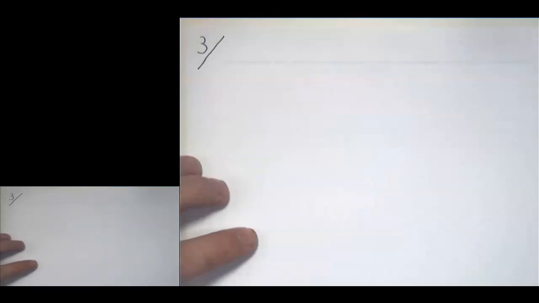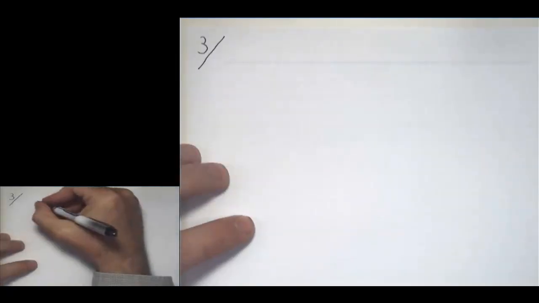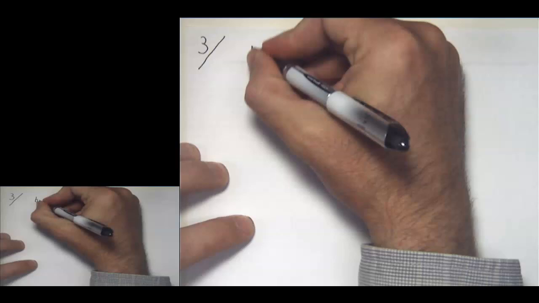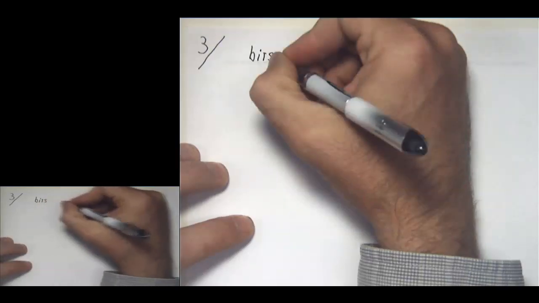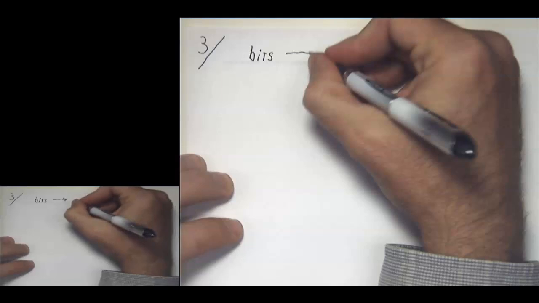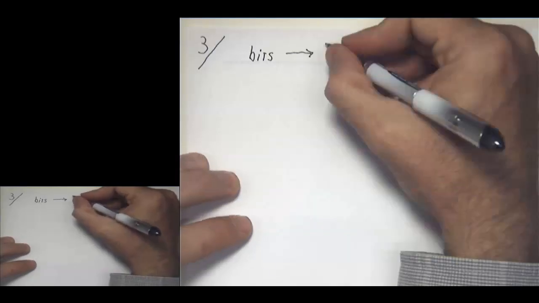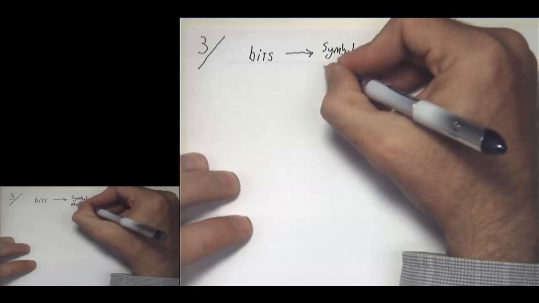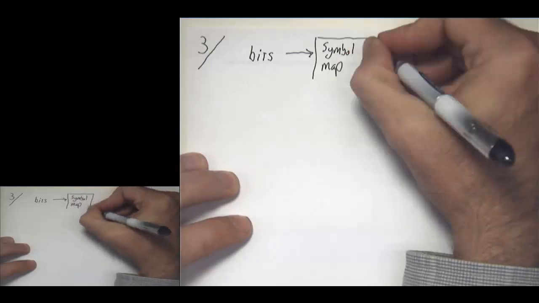So the way that we can write this in block diagram form is as follows. We have what I'm calling, rather abstractly just now, bits. It's a sequence of bits. I'm going to break the modulation into two pieces. The first one is the symbol mapping operation, which I'll call symbol map.